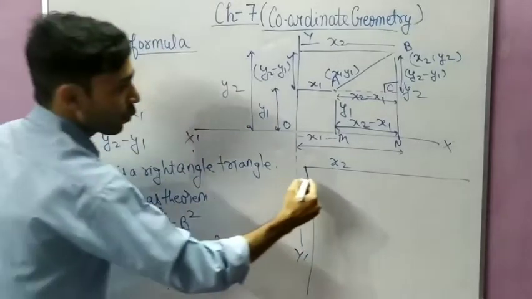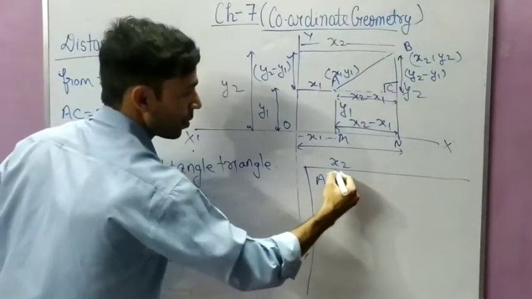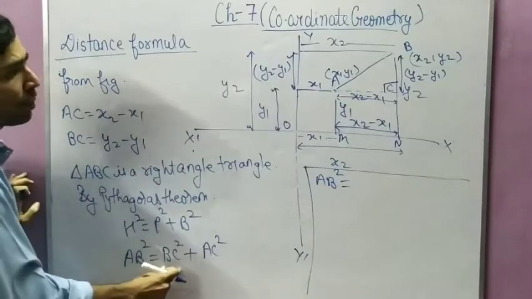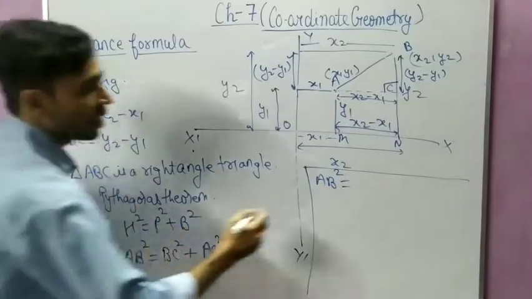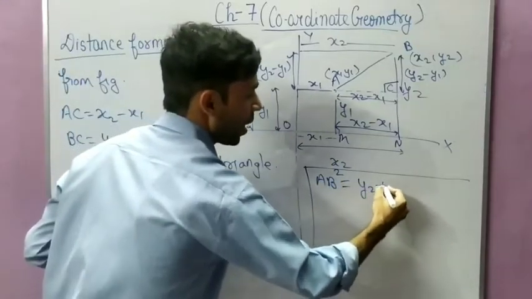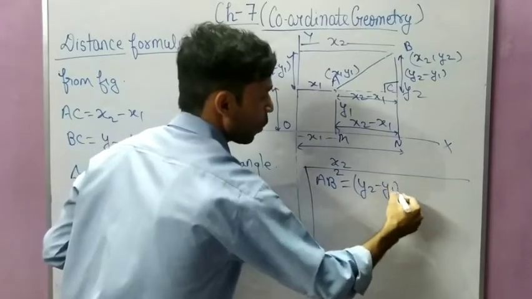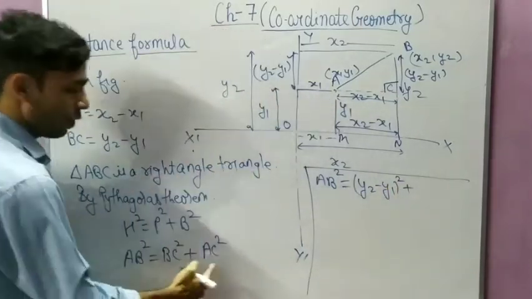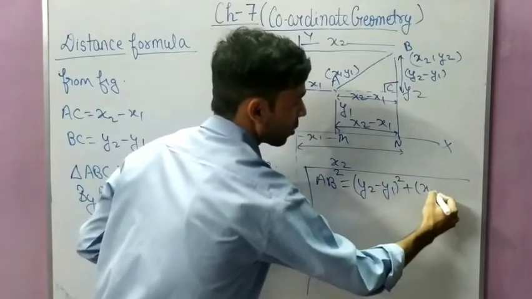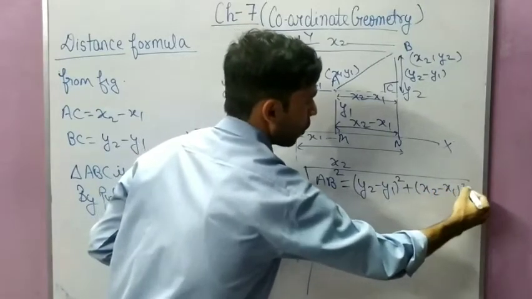Okay. Now I will write here. So AB we have to calculate, student. Now the value of BC we have calculated. The value of BC is y2 minus y1, whole square, and the value of AC is x2 minus x1, whole square.